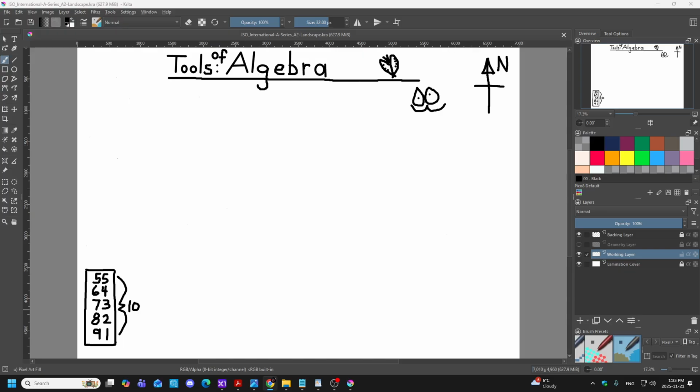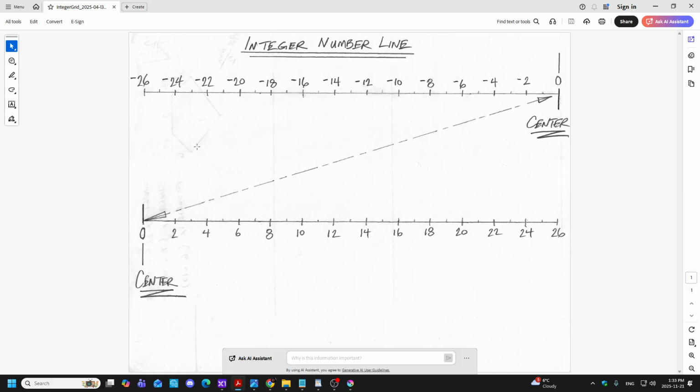Most of you who have been watching would have seen me sharing this integer number line grid with you. It's something I quickly put together on an 8.5 by 11 sheet of paper.